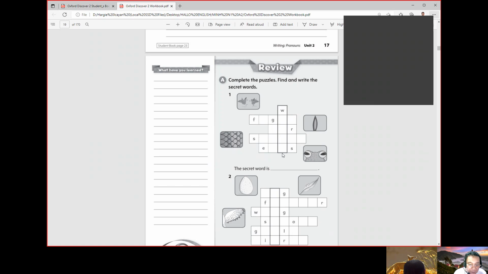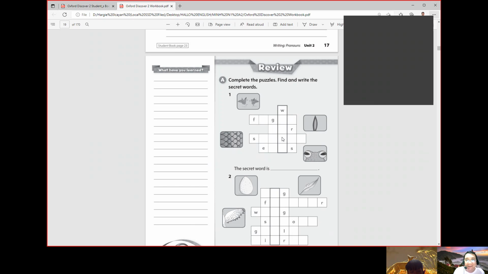So what do you think would be the secret word? Are we correct? So W, and after W would be H. After H would be U. Then after U would be SCAL. And then after that would be Y. So what's the secret word? Woolly?